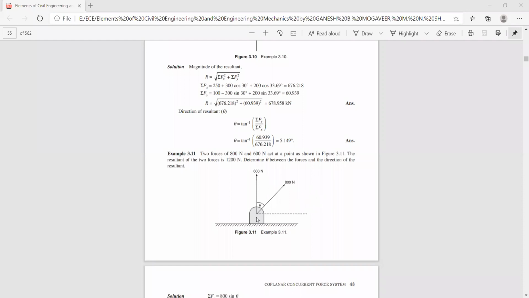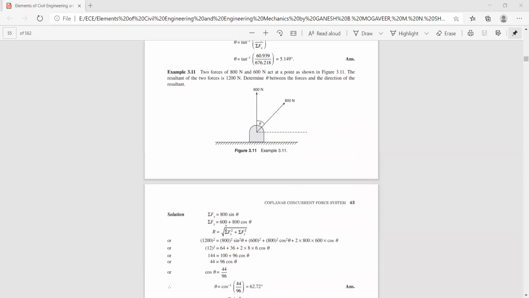And sigma f of y is 600 plus 800 cos theta, or it can be 600 plus 800 sine 90 minus theta. So either you can resolve with respect to the horizontal axis or the vertical axis. Now R is equal to square root of sigma f of x squared plus sigma f of y squared, but you know the value of the resultant, that is 1200.